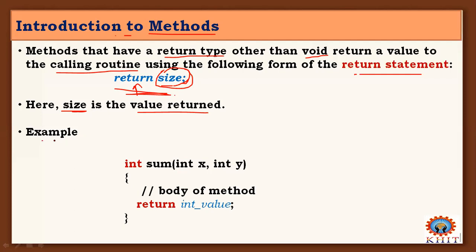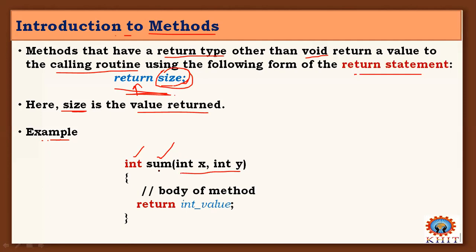Coming to the example to understand this clearly, here in this example method, int is the return type of the method, and sum is the method name. It expects two parameters, int x and int y, when it is called.